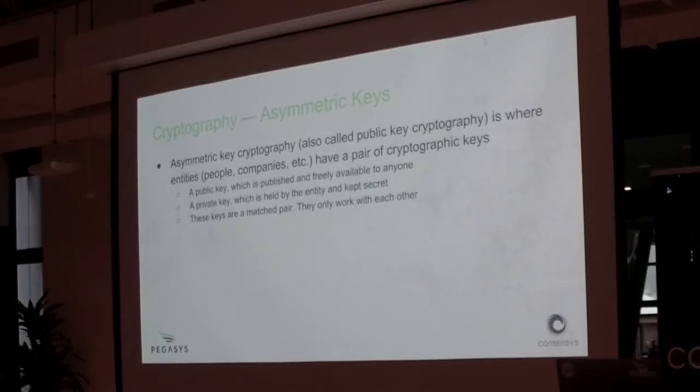One of those keys is private, and one is public. The public key is published freely, anyone can access it, hence the term public. The other one is private, and as the name suggests, it needs to be kept secret.